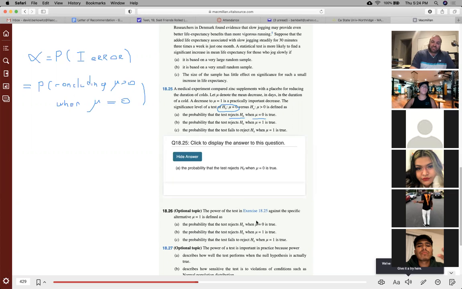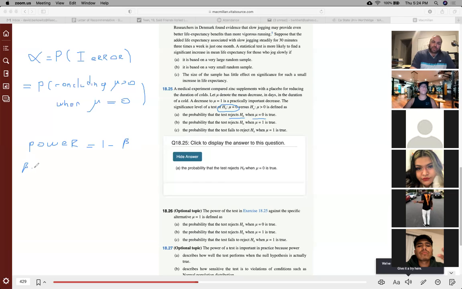So the power of a test against the specific alternative mu equals 1. Well, let's go back to definitions. The power is 1 minus beta.